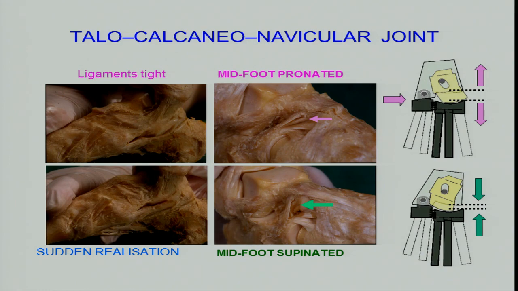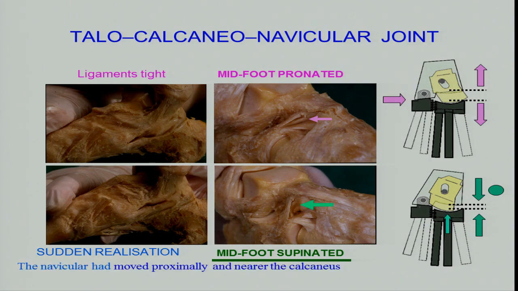We suddenly realized it was the nutcracker effect. The navicular had moved proximally, and so all those ligaments would be naturally slack.